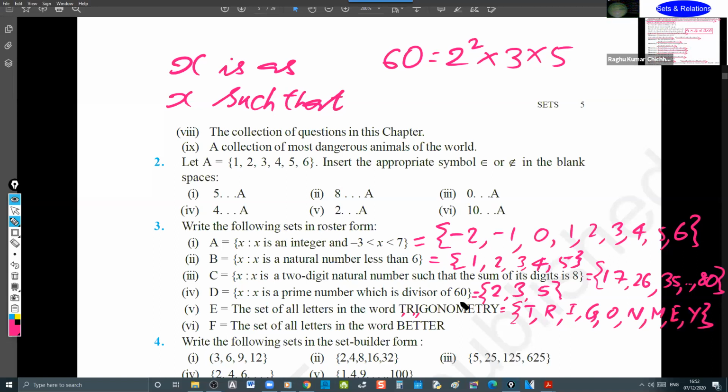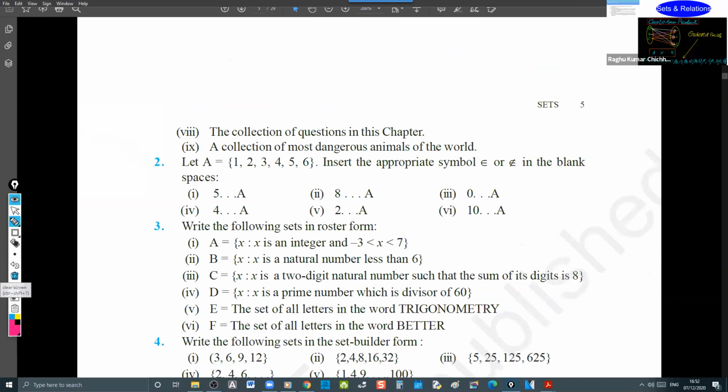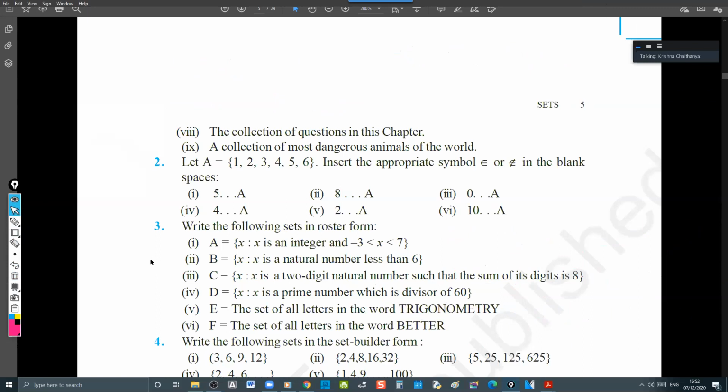The last one, BETR, that's it. Okay, is it clear, Chaitanya? We're moving to the next question. Come on, tell me fourth one.